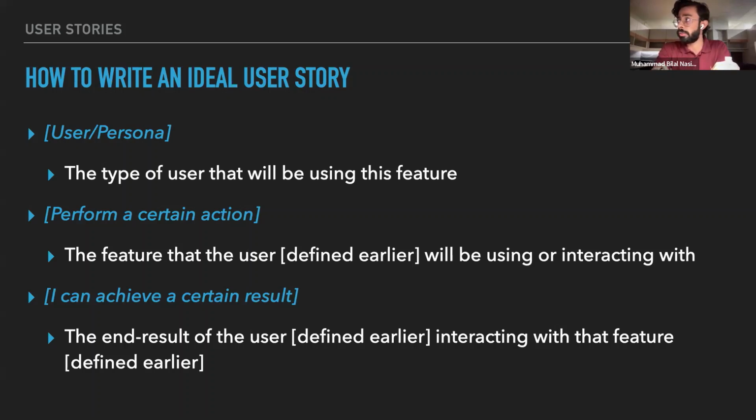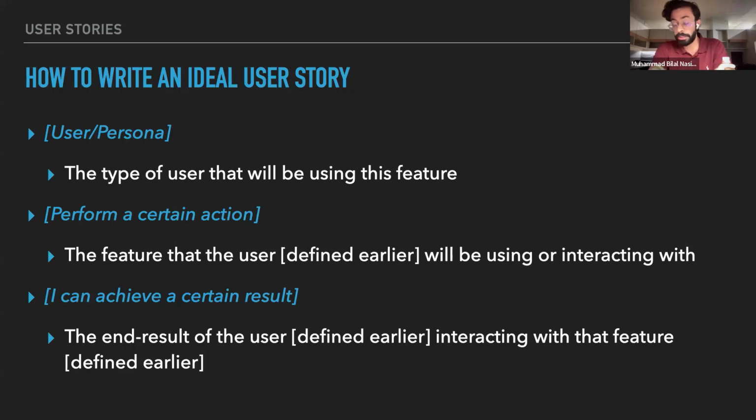And let's focus on the word ideal, because before this we were looking at how to write a great user story. But right now we're just focusing on what an ideal user story is. An ideal user story is good enough. It's not something that's brilliant.